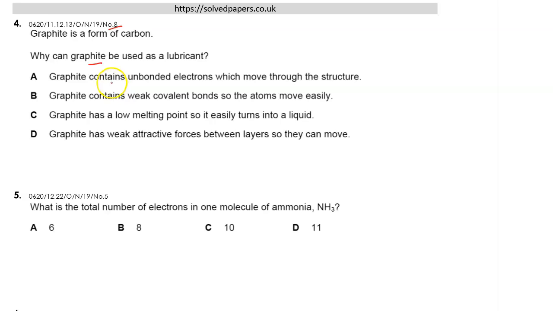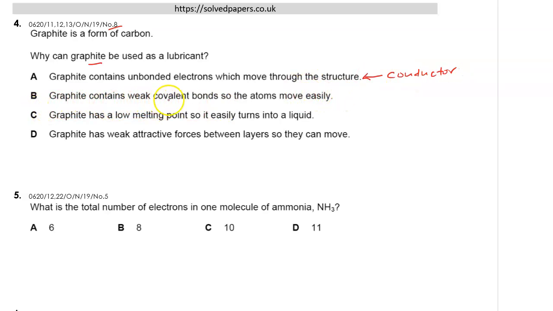So the choices are: graphite contains unbonded electrons which move through the structure. That is not why it is used as a lubricant. That is why it is used as a conductor, because it has got a free electron which can help conduct electricity through the structure. That's why it's used as a conductor, but not a lubricant.